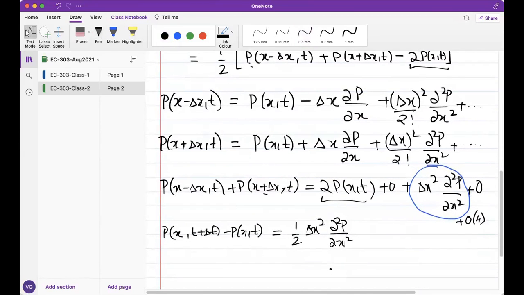Is that clear with everyone? Okay, so we have simplified the equation substantially. Of course, there are more terms which I'm going to ignore, fourth order terms and so on.